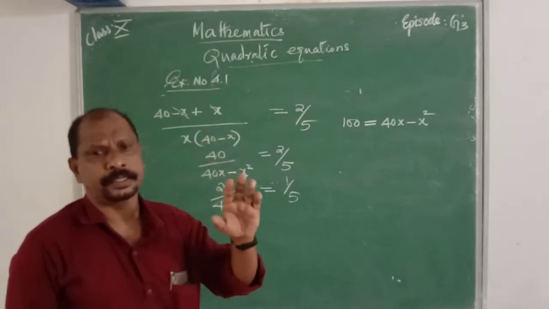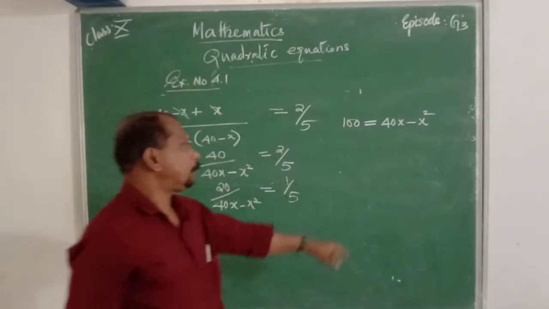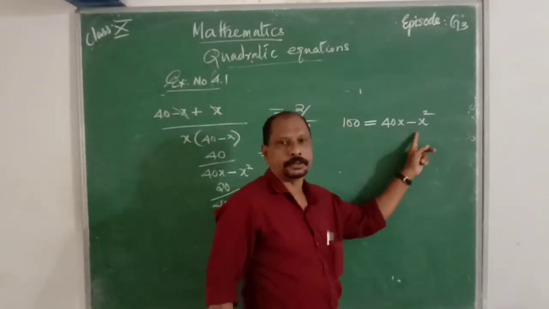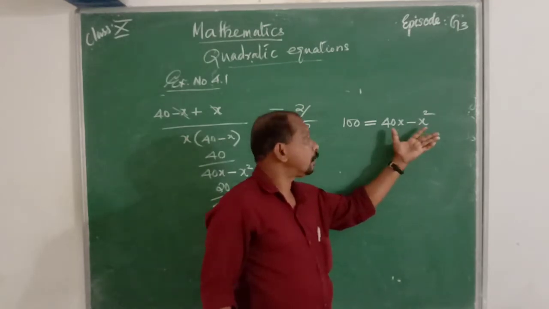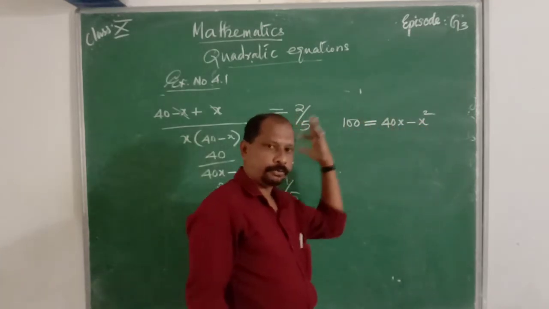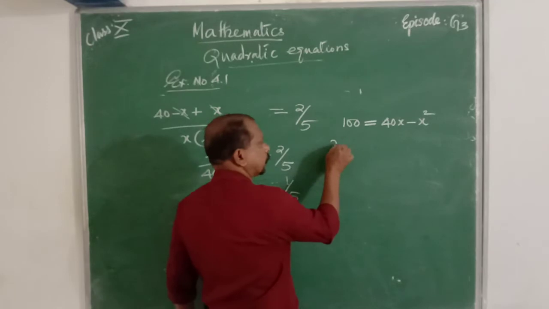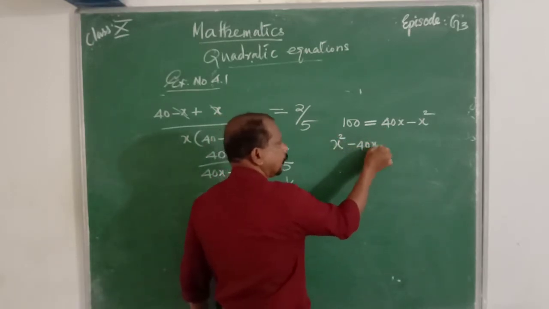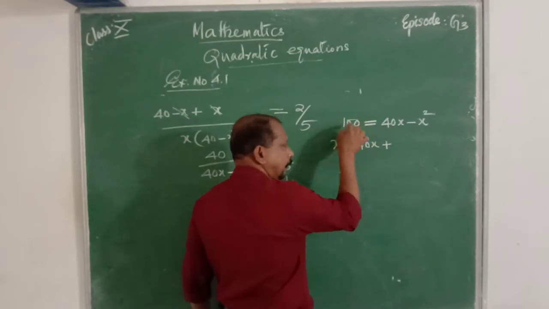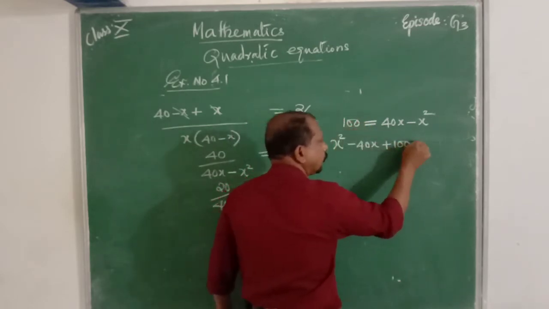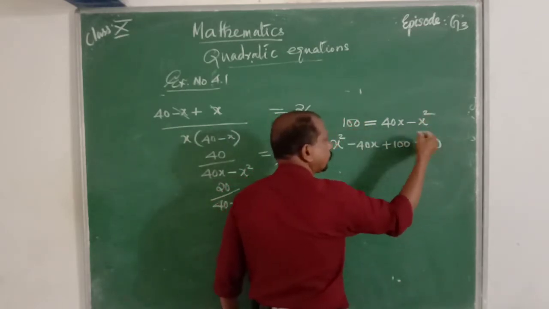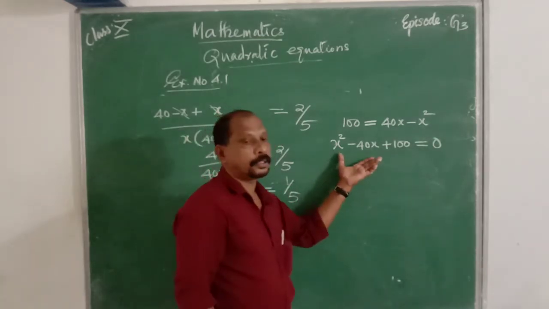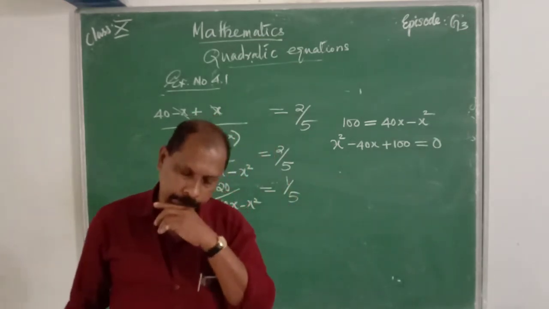Always we consider a as positive. That means the coefficient of x square is positive. Therefore, shifting these two terms to the left, that is x square, and this goes to minus 40x, plus this 100 is equal to 0 on the right side. This is the quadratic equation.